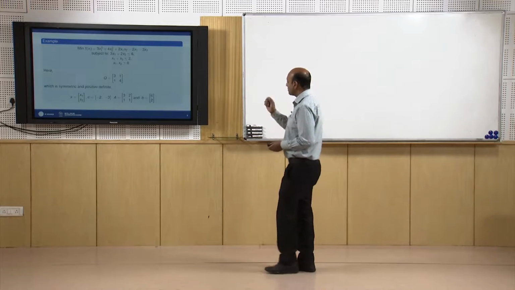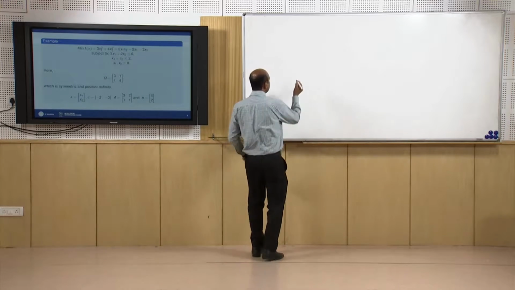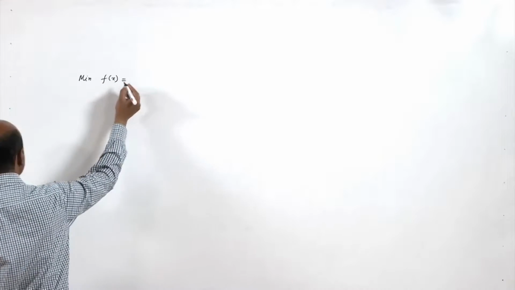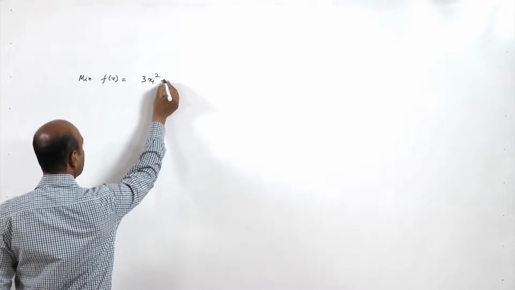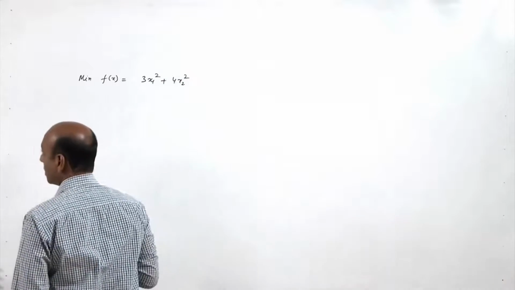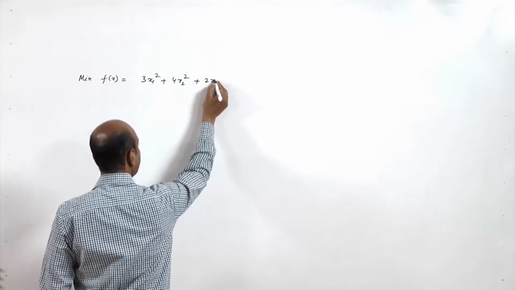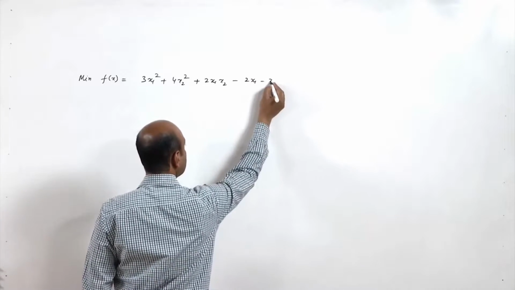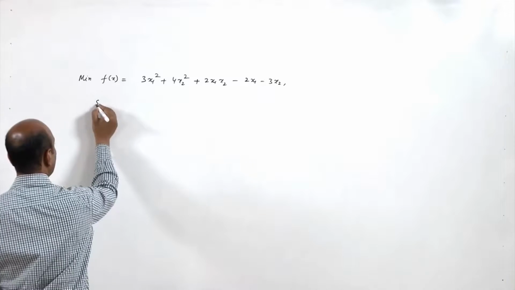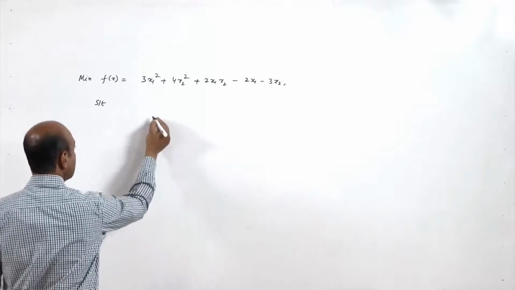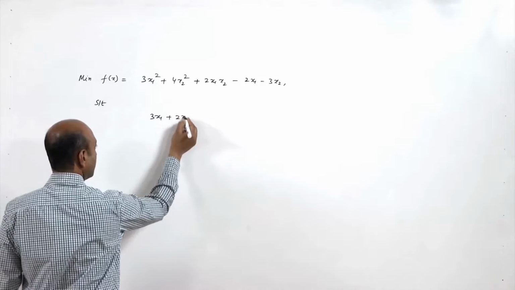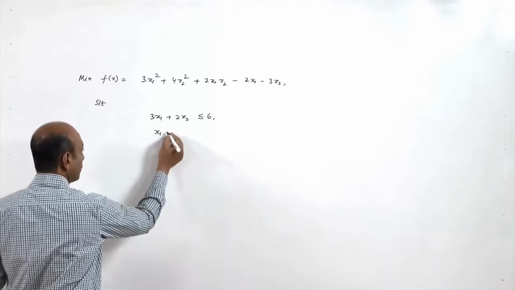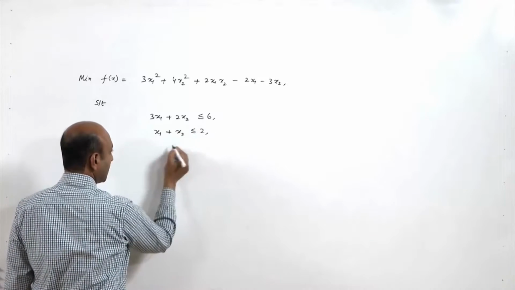Suppose we have this example: minimize f(x) equals 3x1 square plus 4x2 square plus 2x1x2 minus 2x1 minus 3x2, subject to the conditions 3x1 plus 2x2 less than or equal to 6, x1 plus x2 less than or equal to 2, and x1, x2 non-negative.